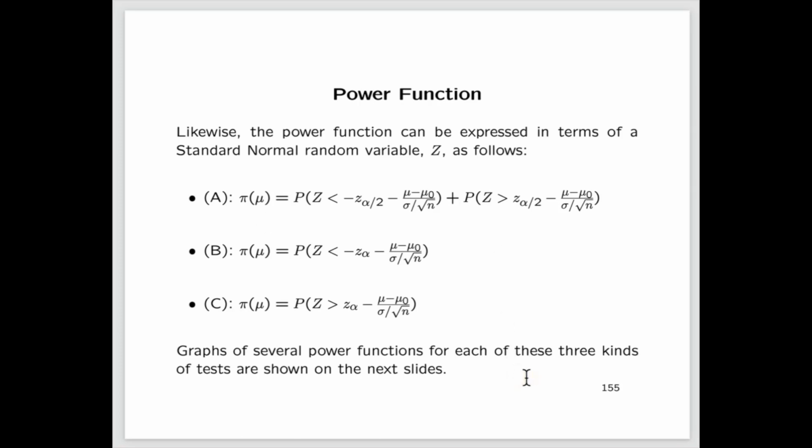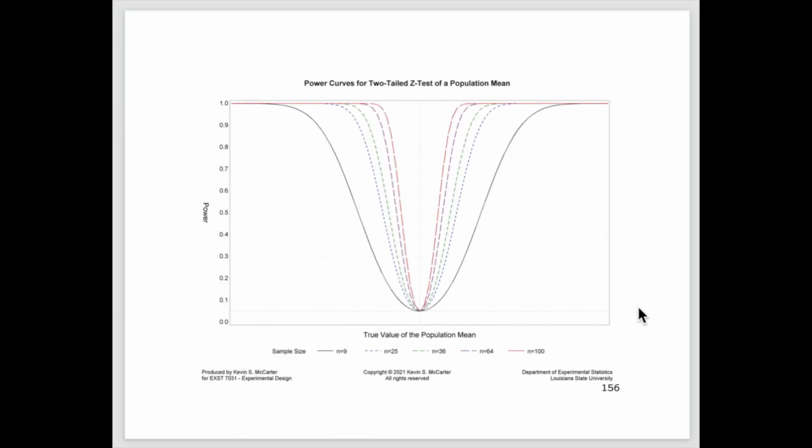Now, the next several slides show graphs of power functions for the 3 kinds of hypothesis tests. And so let's take a look at what those look like. So on this slide, we have power curves, power functions for a two-tailed z-test of a population mean.